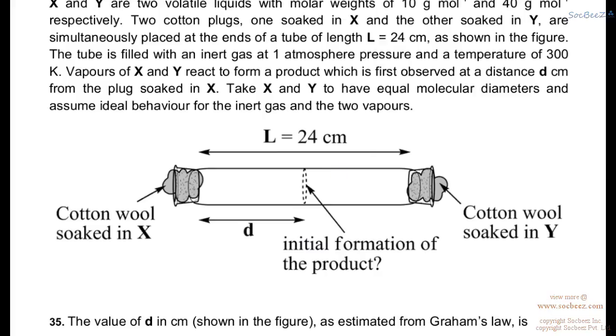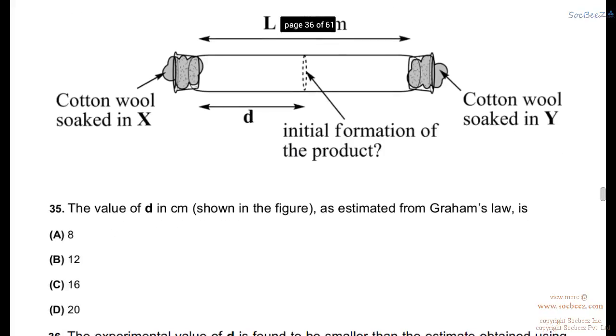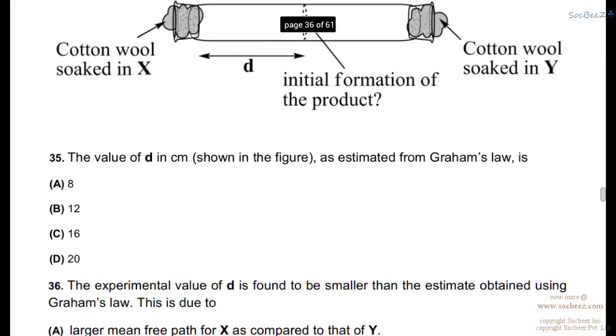The tube is filled with an inert gas at 1 atmospheric pressure and at a temperature of 300 Kelvin. Vapors of X and Y react to form product which is first observed at a distance d cm from the plug soaked in Y. Take X and Y to have equal molecular diameters and assume ideal behavior for the inert gas and the two vapors. The value of d in centimeter as estimated from Graham's law is asked.